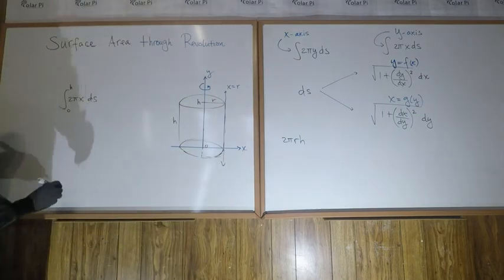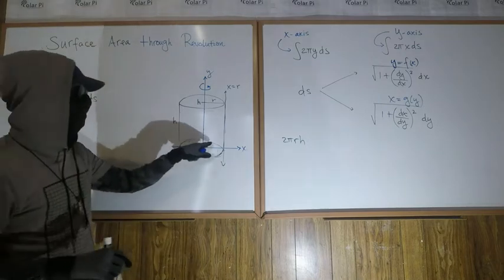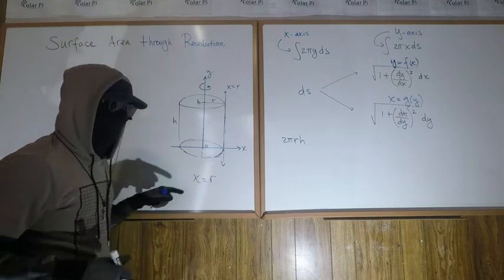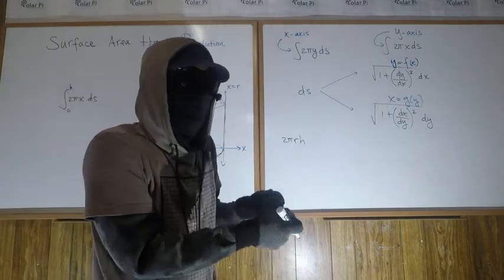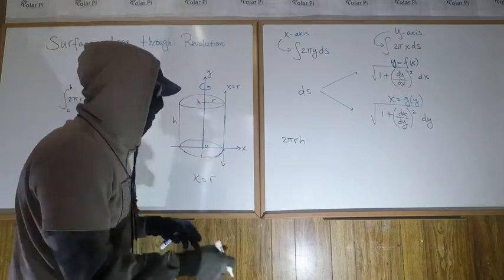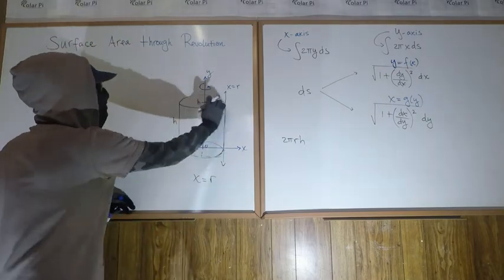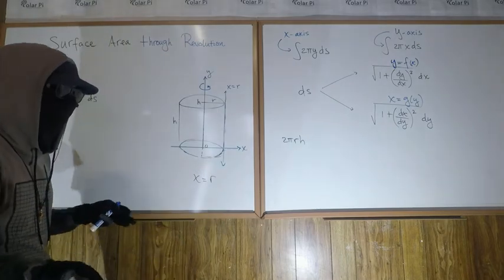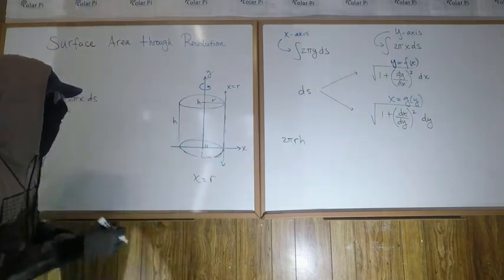And I know that our function is x equals r. It's a constant function. Since I haven't decided what r we're using, r is kind of a variable, but it's a constant. It's a fixed distance from the y-axis at all places. So it's x equals r, whatever r may be.